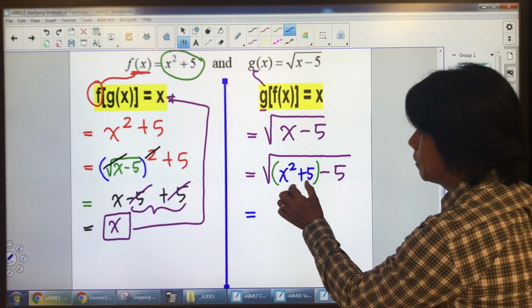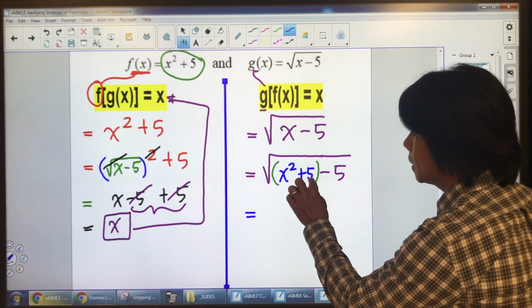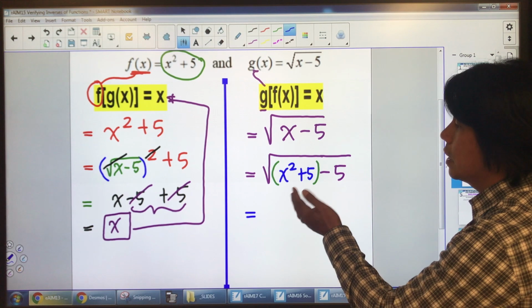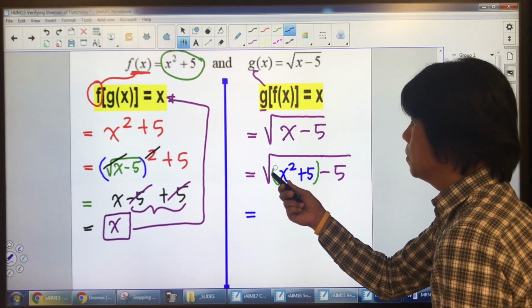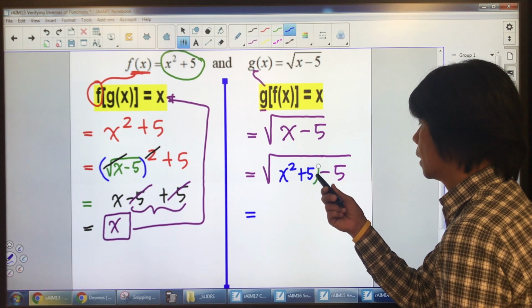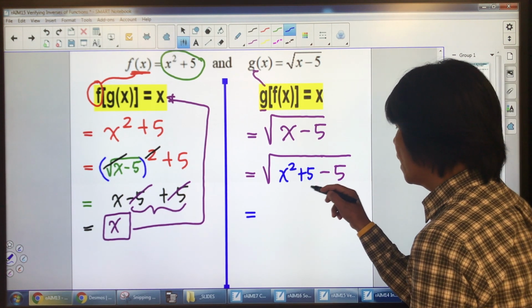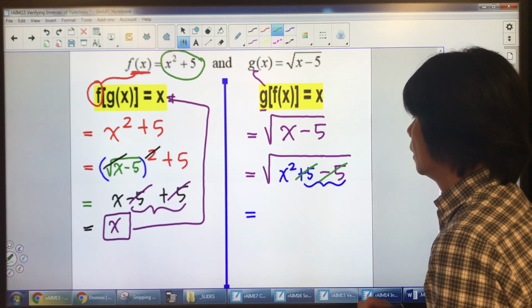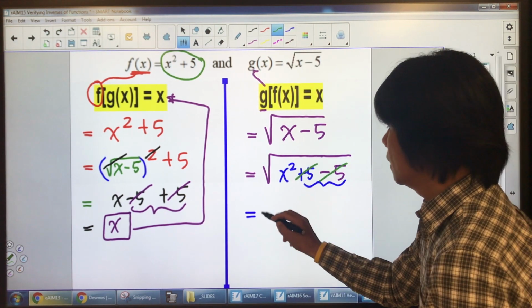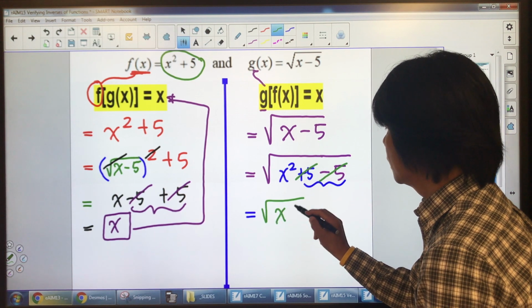Can we take this further? Can we simplify x squared plus 5? No, there's nothing we can do with that. So we can just simply remove the parentheses. Right? And then now we can simplify this, which is 0. Right? What's left? The square root of x squared.